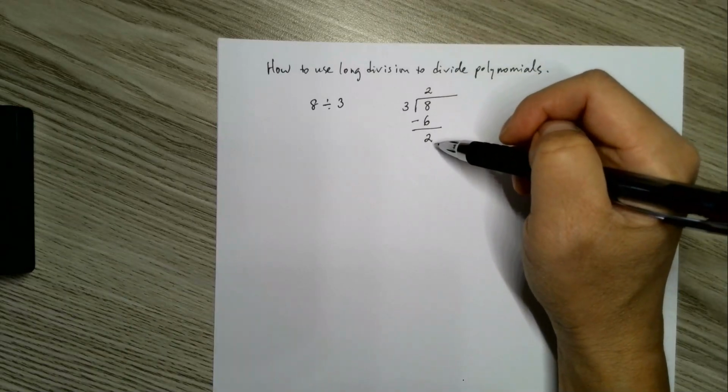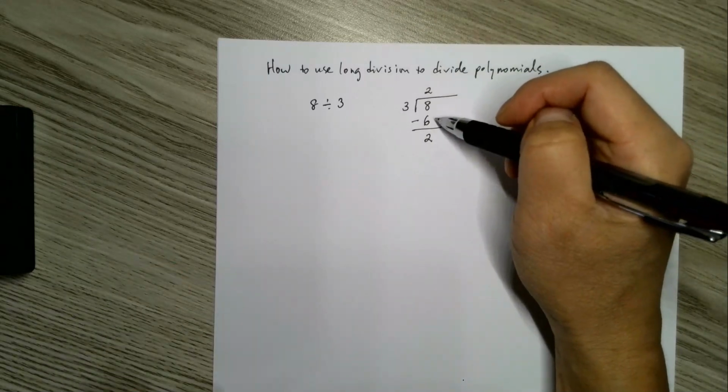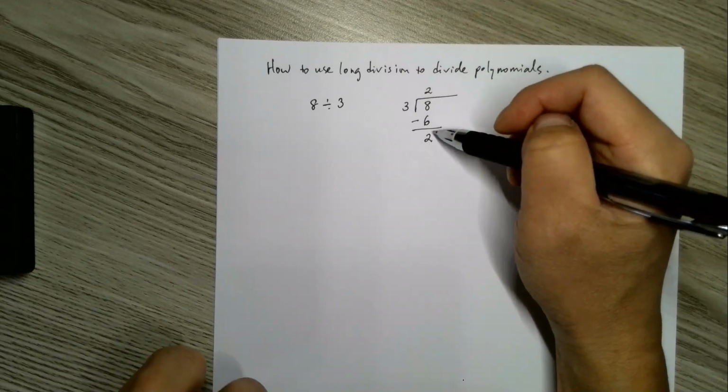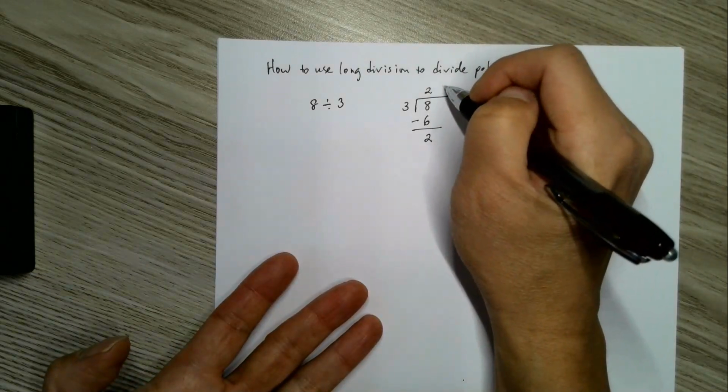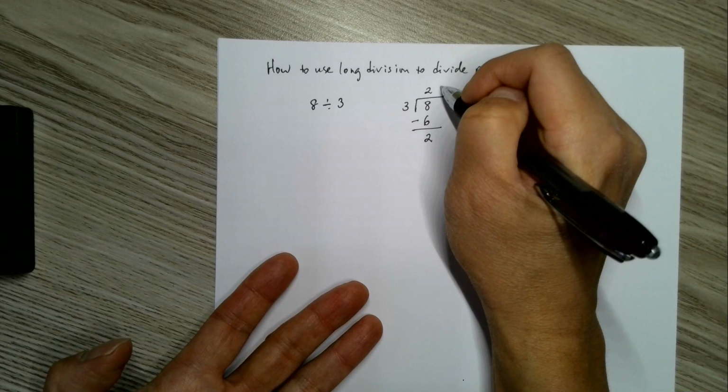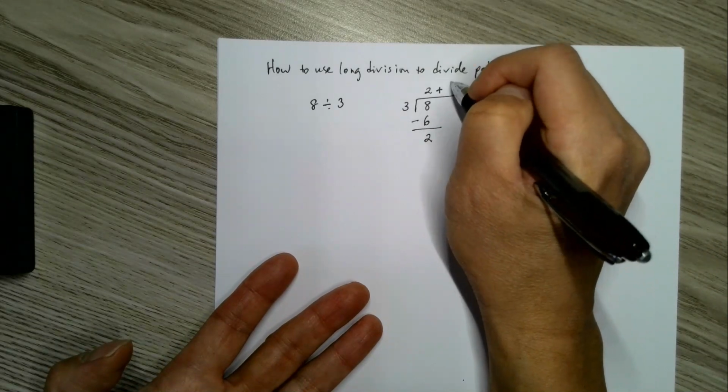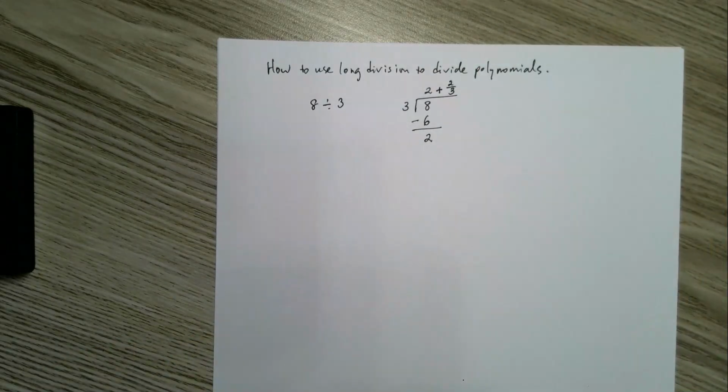And that means after you've taken away 6 from 8, you really have 2/3 of a whole left. So 2 3's and 2/3 of a whole is equivalent to 8 divided by 3.